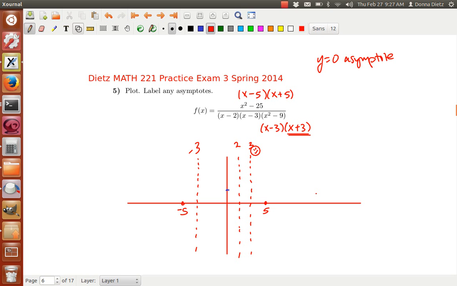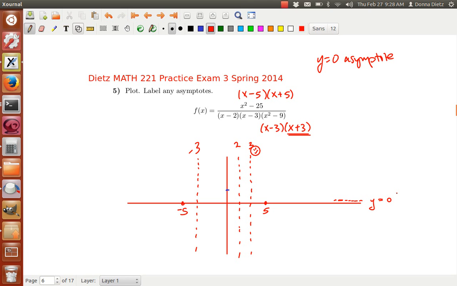However, eventually you're going to be outside the range of all your roots. You're going to be at like 1,000, and the numerator is going to be positive, the denominator is going to be positive, but the denominator is going to be way bigger than the numerator. So you're going to be approaching the asymptote y equals 0 from the top. What about if x is negative infinity?